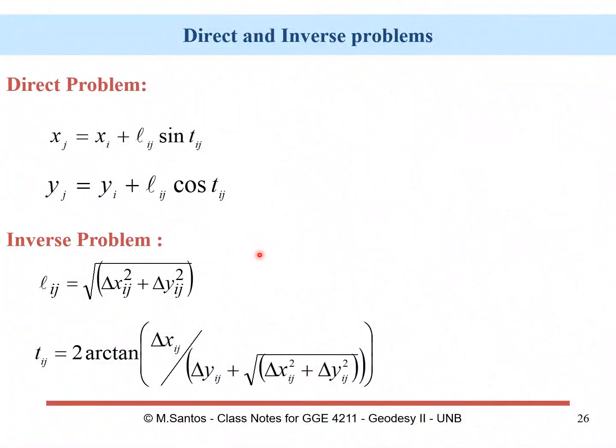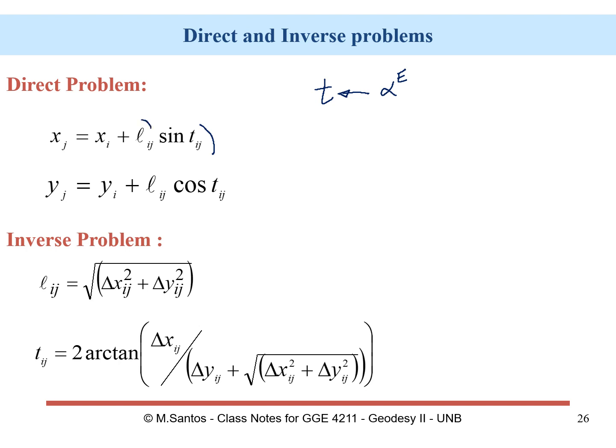Finally, we arrive at the expressions for the direct and inverse problems. And you can see that all the effort paid off, because ultimately we're dealing now with very simple trigonometric expressions that we are familiar with. The angle T, which we are using here, the grid azimuth, comes from the ellipsoidal azimuth, applying a few corrections.